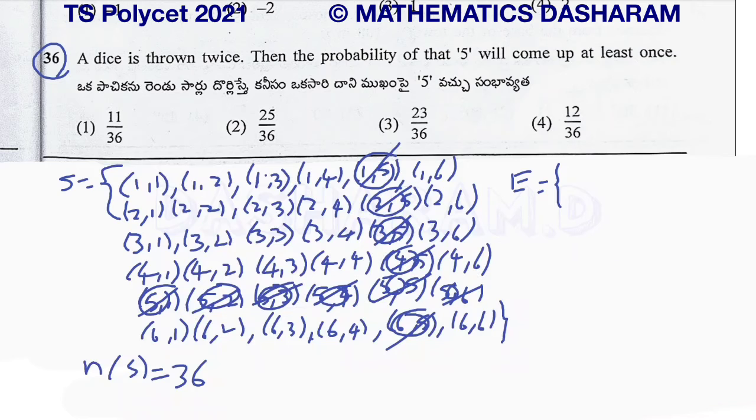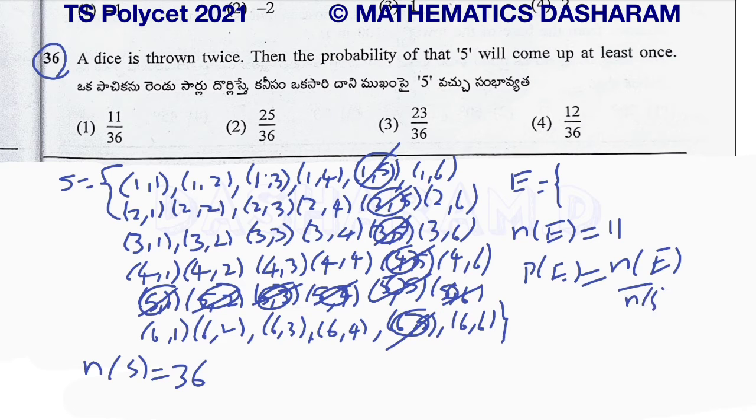So total 11 favorable outcomes. So here I am writing directly n of E equal to 11. Then the probability of E equal to n of E divided by n of S. So n of E 11, n of S 36. So option 1 is correct.